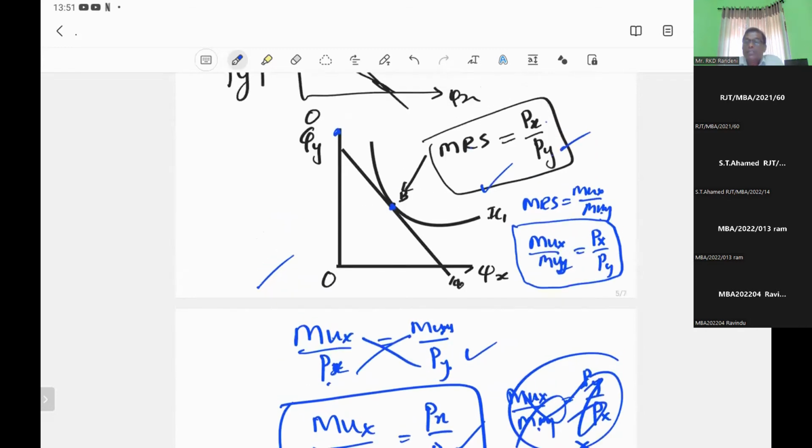Now, draw this graph. You can write two lines here and the vertical axis. Then X1, Y1 is the utility maximization commodity bundle.